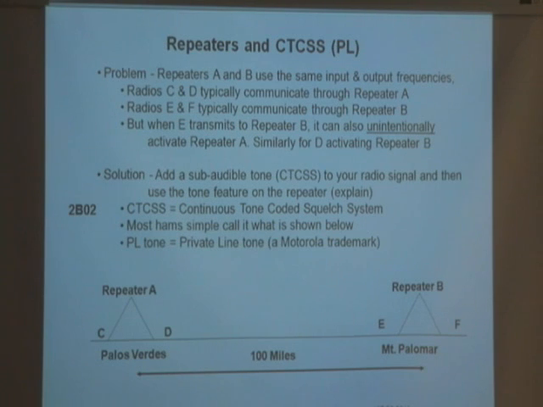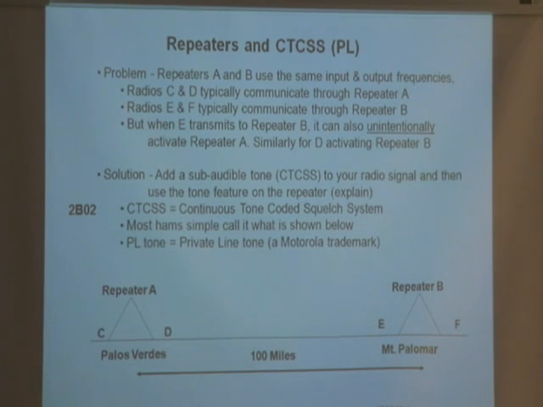Here's what's going to happen. When I transmit to this repeater in Palos Verdes, instead of just retransmitting me, it's going to put a little tone in, which you don't hear. It might be 100 hertz, it might be 90 hertz, but it's a sub-audible tone. It comes out of my radio.